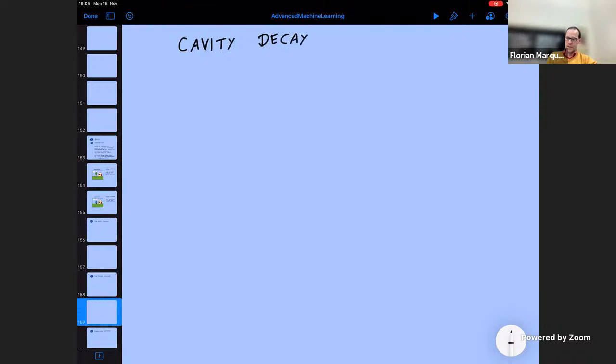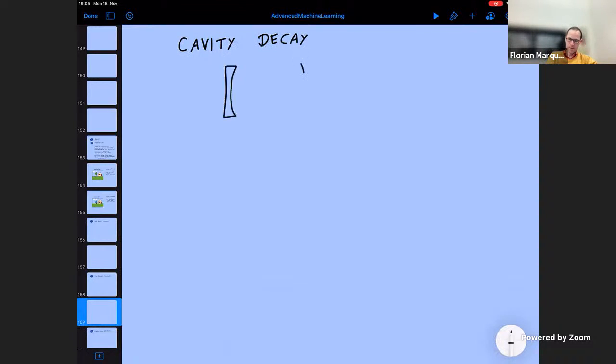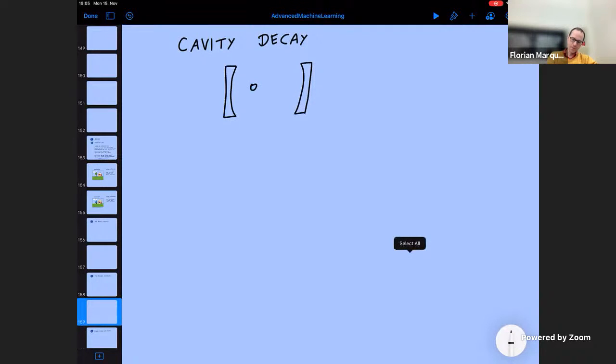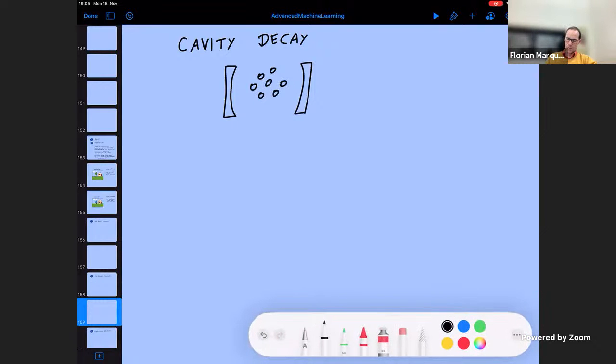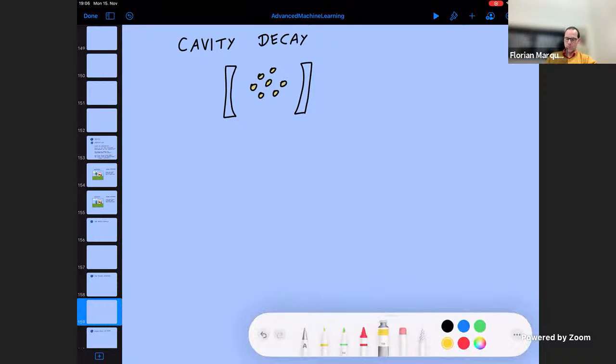What is a cavity? A cavity is just two mirrors. And between these two mirrors, I can have photons. Maybe there are a few photons, that is packets of light energy bouncing around between these two mirrors. And once in a while, the mirrors are not perfect.